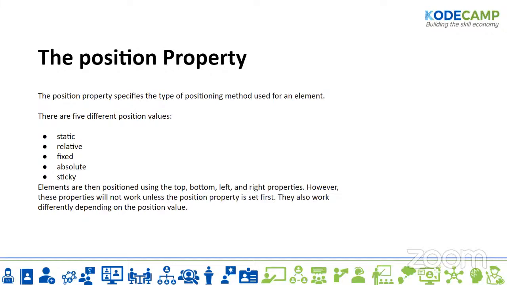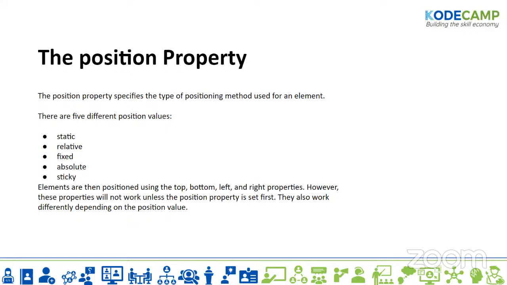Let's say you have a header, like your nav bar, and as you're scrolling your page, you don't want it to move along with the page content. You just want it to hang at the top there while the other content still flows. So you can use positioning to actually fix it to stay there.